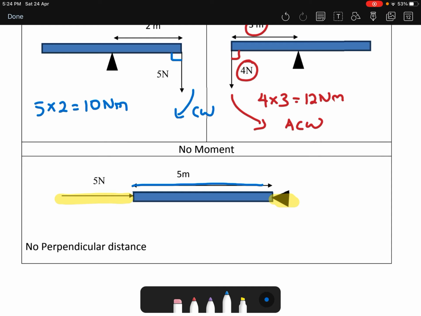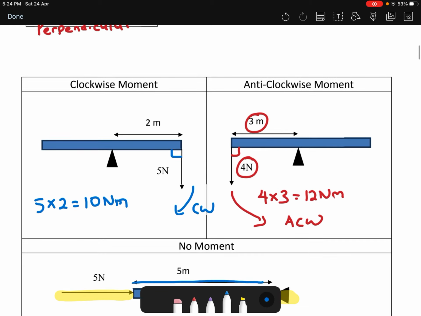Maybe let's go back to the clockwise moment. So how do I determine the perpendicular distance? First of all, you must have a force. Second of all, you must have a pivot, and maybe you can put a dotted line here. Then from the force to the red color line, you calculate what the length is.